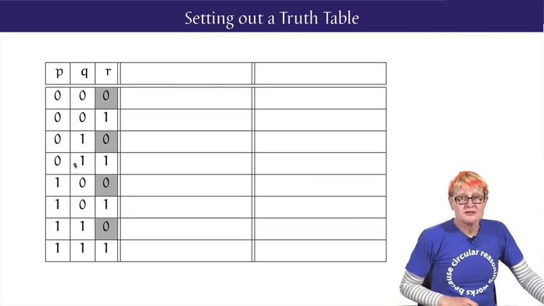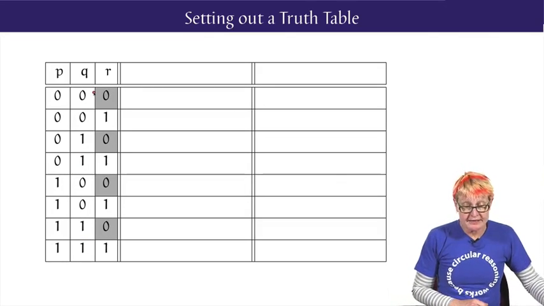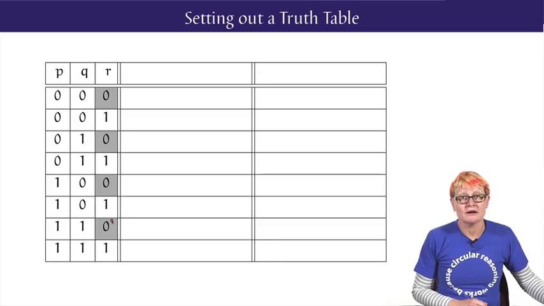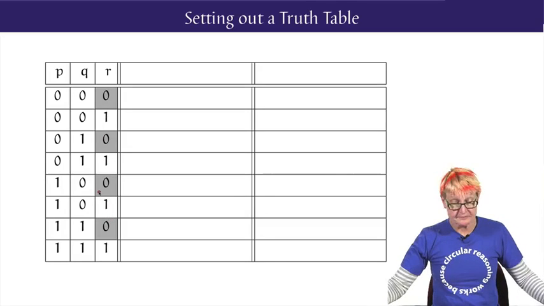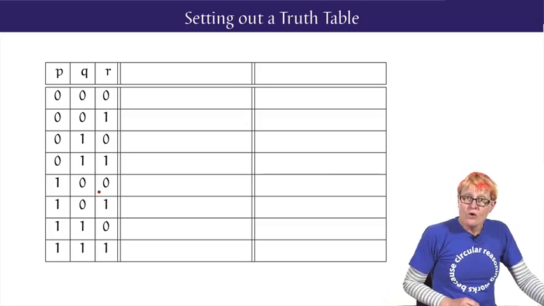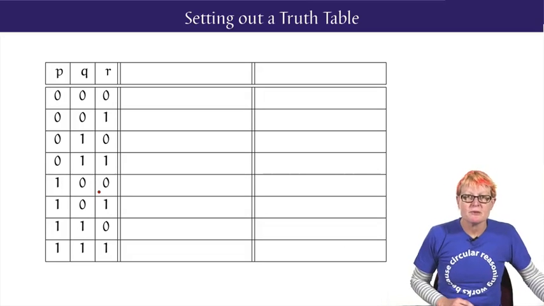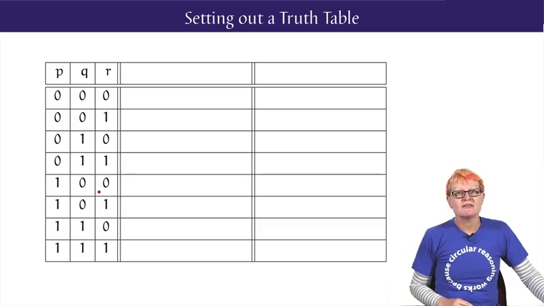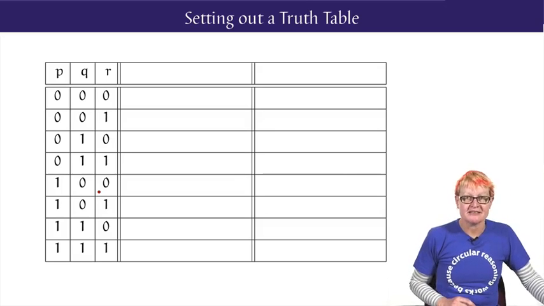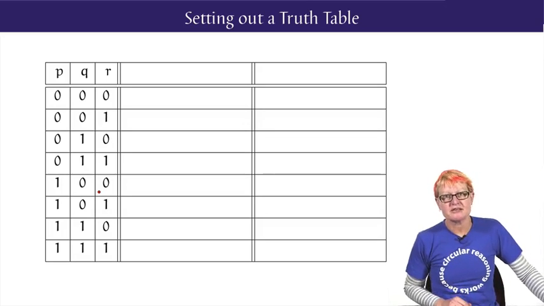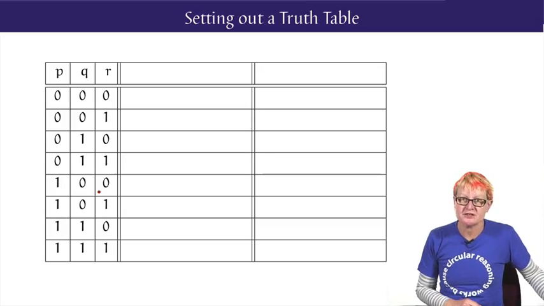For the rightmost atomic proposition R, we'll simply alternate 0, 1, 0, 1, 0, 1 down the 8 rows. If there were 4 atomic propositions, then we'd start in the leftmost column with the first atomic proposition by writing 0 in the first 8 rows, and then 1 in the next 8 rows, and after that continuing as we did for the 3 atomic propositions.